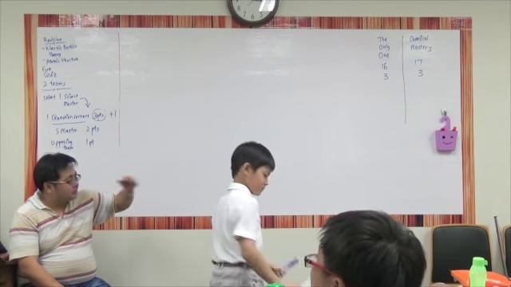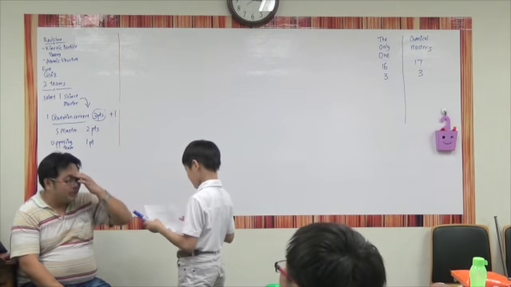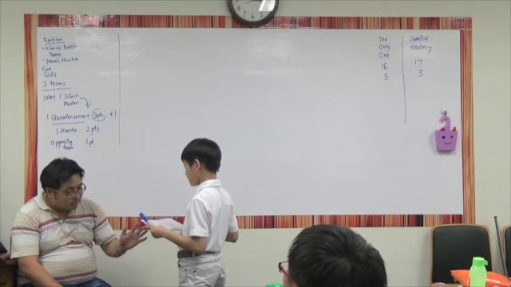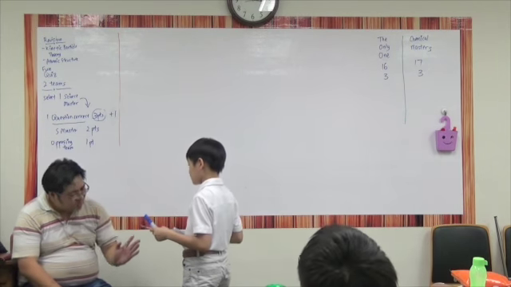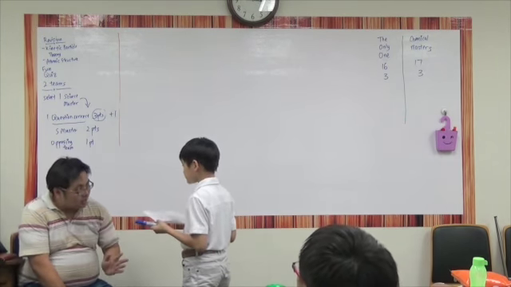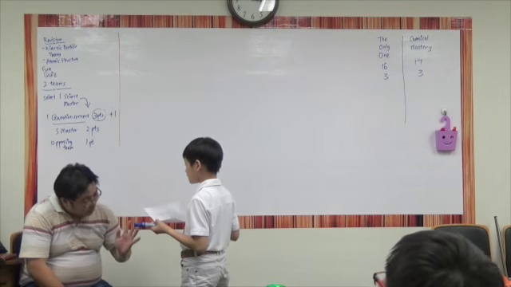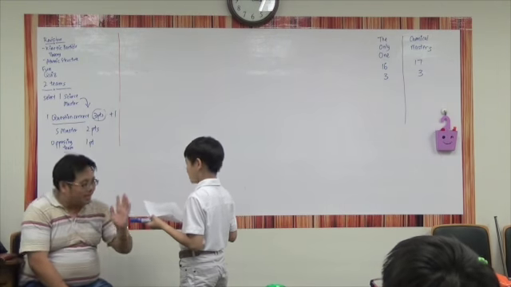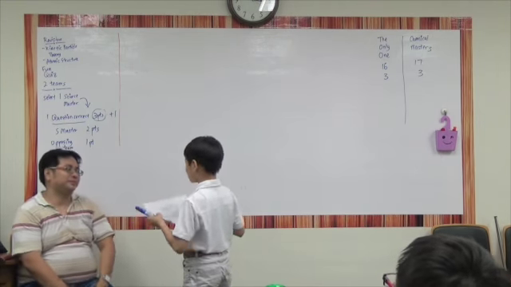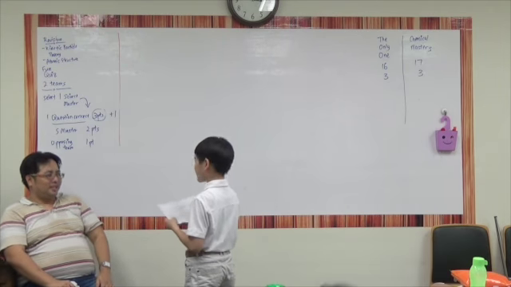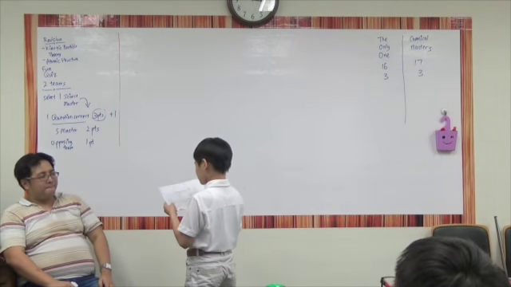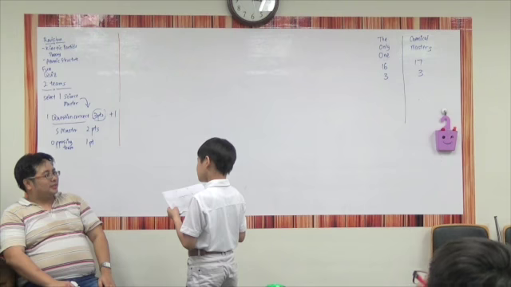Okay, tell me the number of protons, the number of neutrons, the number of electrons for magnesium ion. Ion. 39, 38.